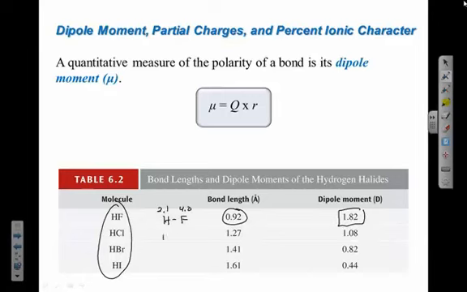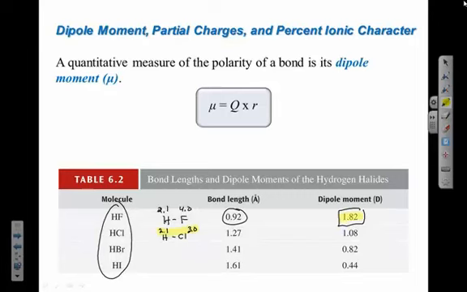So when I look at the HCl, the chlorine is only 3.0. So the chlorine electronegativity difference isn't as great, but it's a larger bond length. So the smaller electronegativity difference suggests it should be less polar, but the longer bond length suggests it should be more polar. So those two you could consider kind of offsetting.